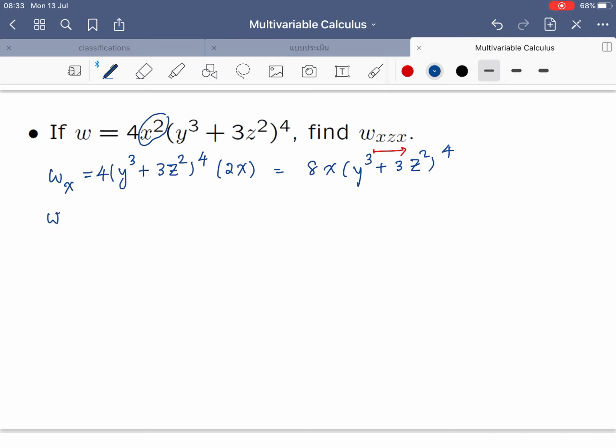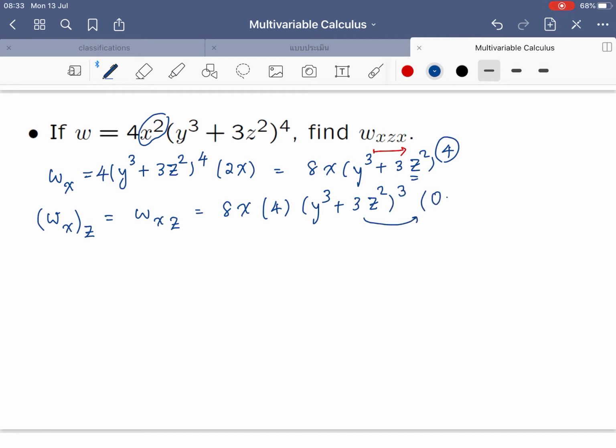Next, what you are going to find is a further derivative with respect to z. So w of xz, and the z is right there. Of course the 8x is a constant, and then you need to use the chain rule. So you have a 4, you got (y cubed plus 3z squared) raised to the power 3, and then the derivative of the inside with respect to z, so you have a 0, and of course 6z.